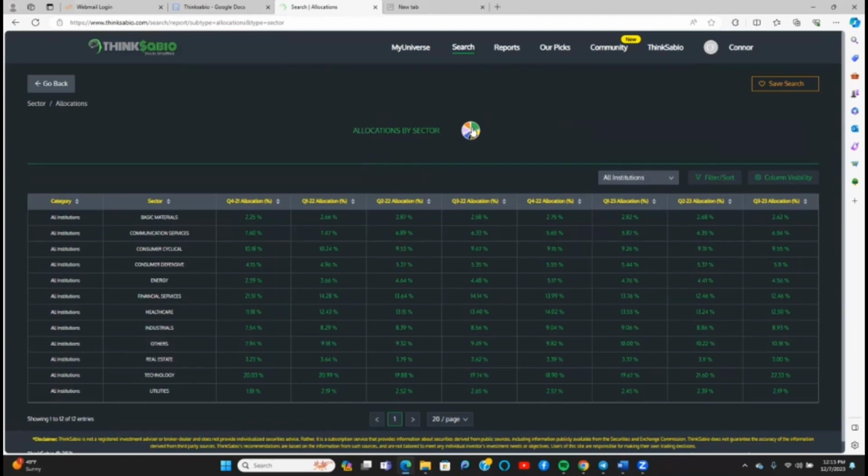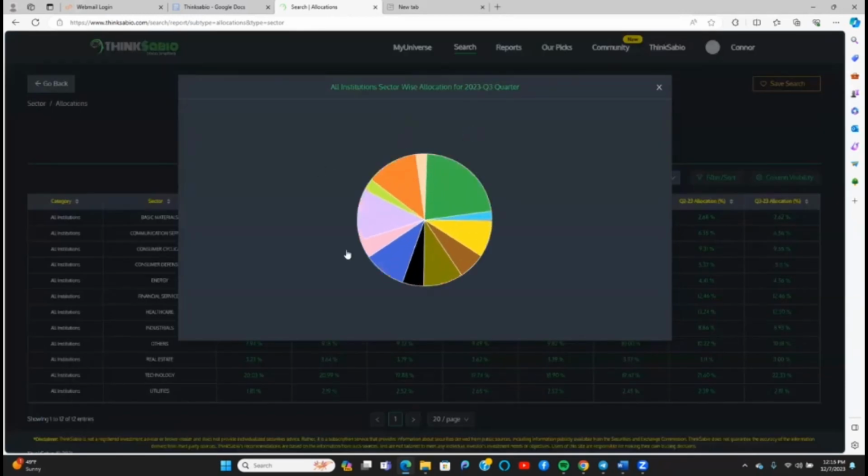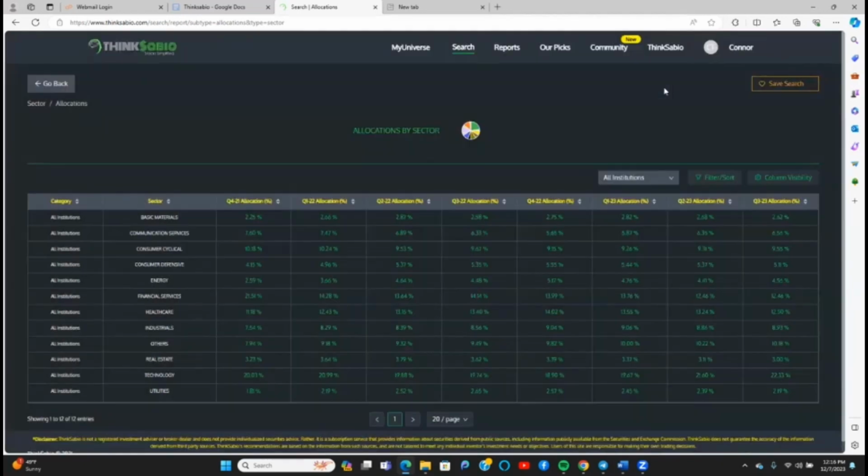The first thing you see is this nice colored pie chart. This is for the latest quarter, and it gives a visual representation of which sectors are seeing the most institutional investment. Technology is seeing the most investment right here. Then you have utilities with a smaller slice of the pie.